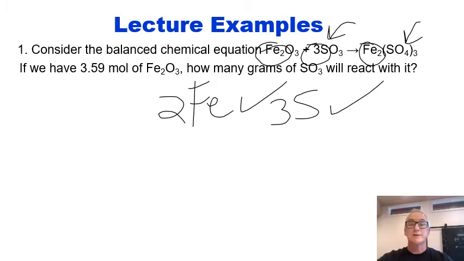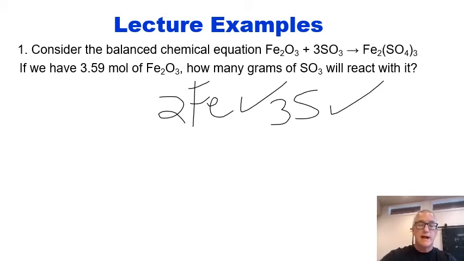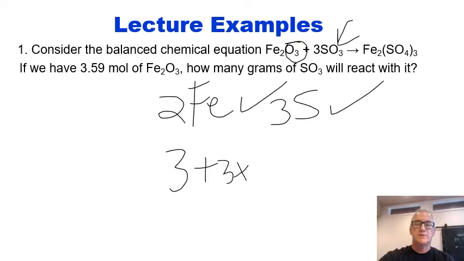How many oxygens? So now there's oxygen in both of the reactants. So we need to add them both, right? So I've got 3 here, and I've got 3 there, but I've also got 3 molecules. So 3 plus 3 times 3, that's 12.